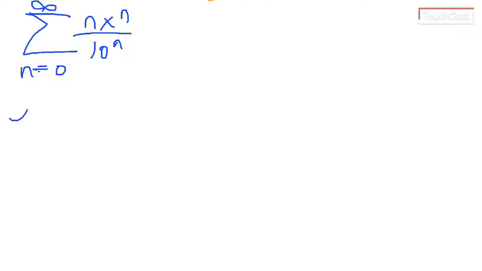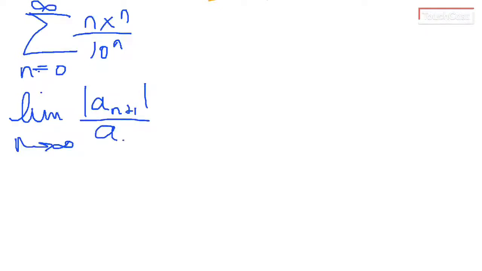So I'm going to take the limit as n goes to infinity of the absolute value of the n plus 1th term divided by the nth term. And just recall that when I divide, since it's pretty typical to have a ratio for every term, I'm going to need almost every time I use the ratio test to remember that to divide a fraction by a fraction, I can multiply by a reciprocal.